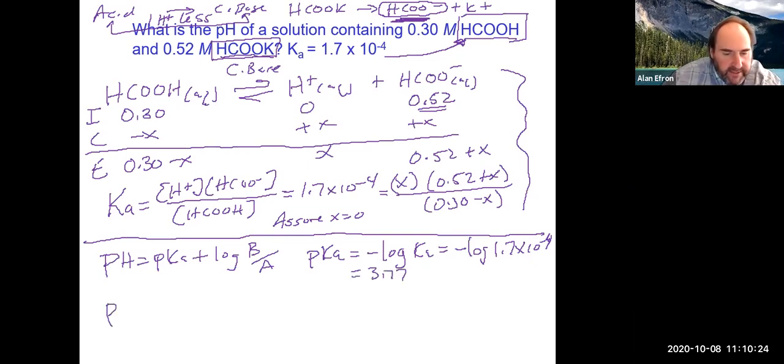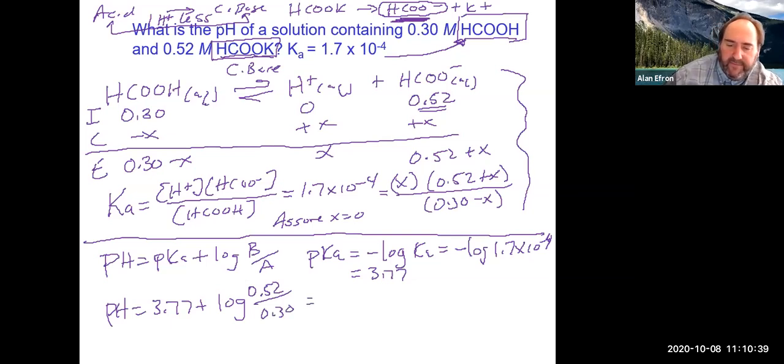Which means the pH here would be 3.77 plus the log. Now that we've identified which one is the base, we go with 0.52 over the acid 0.3. That's 0.52 divided by 0.3. We take the log of that and add it to 3.77, which gives us a pH of 4.01.